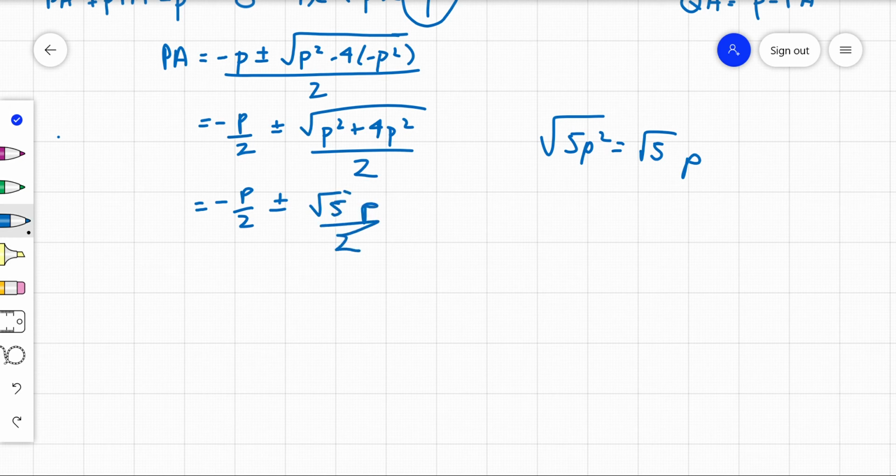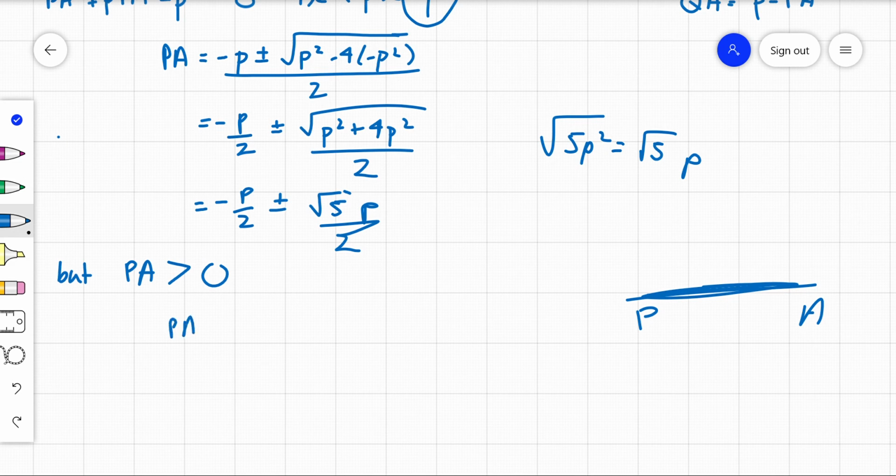Now the trouble with this is, remember, we're looking at PA, an interval from P to A. So this has to be positive. We're just looking at the distance, so we're not interested in direction. So distance is positive. PA has to be greater than 0. So I can't use the negative and then the negative, because it would all be negative.